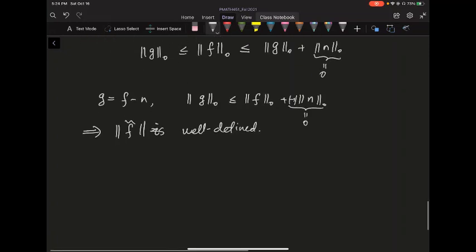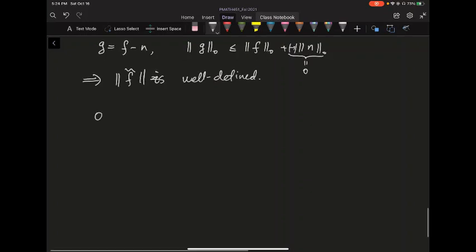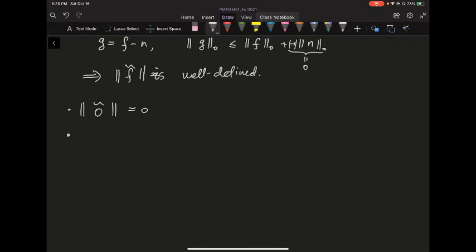All right, because it's well defined, now let's check it is in fact a norm. To show it is actually a norm is fairly simple. First of all, the equivalence class of 0 has norm 0 because it's just equal to the semi-norm of 0. For scalar multiplication, let's consider alpha f, the whole thing tilde.